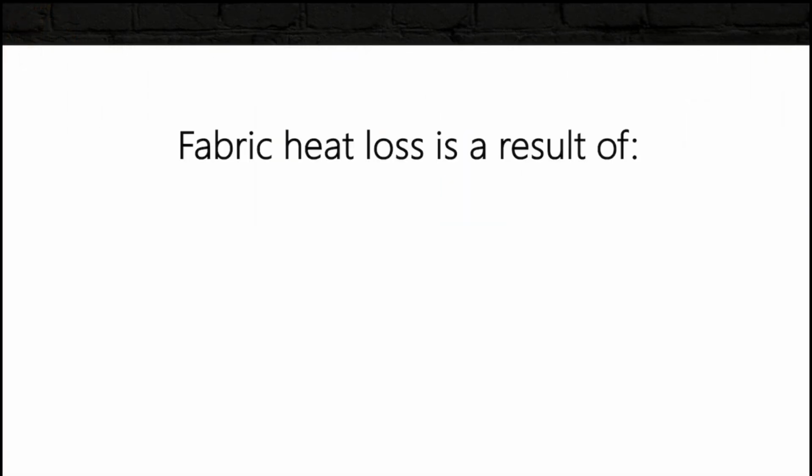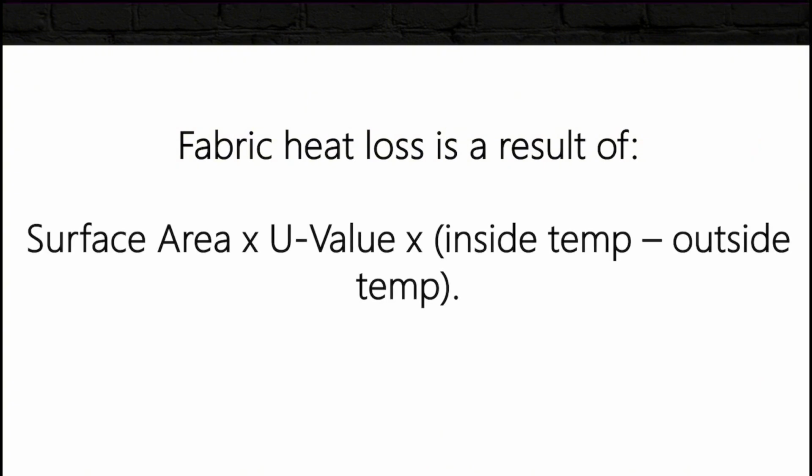Because fabric heat loss, as we recap, is a result of the surface area of the element that we are calculating, multiplied by the appropriate U value for that structure, and then multiplied by the delta T. So either the differential between the indoor temperature and our design outdoor temperature, or from one room to the next.